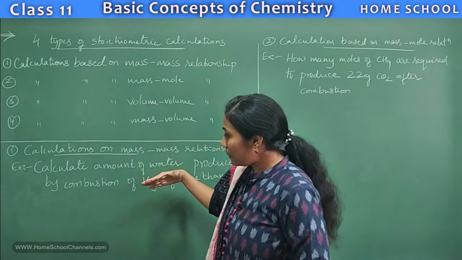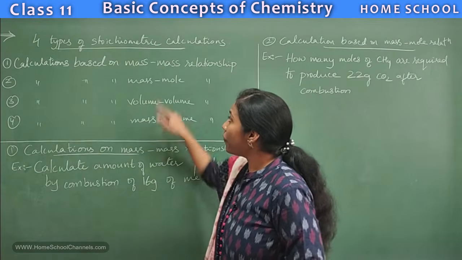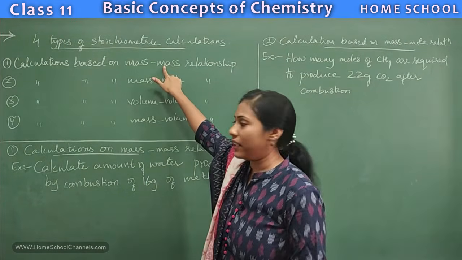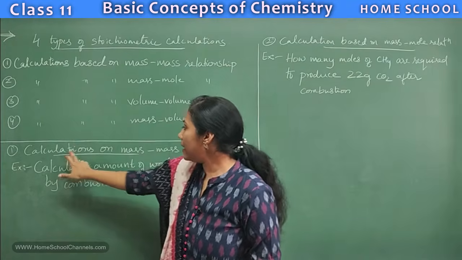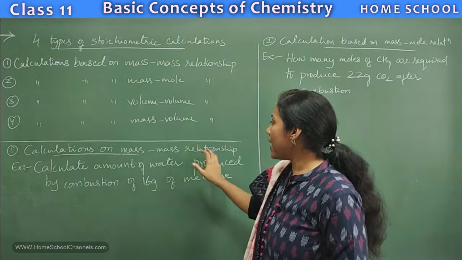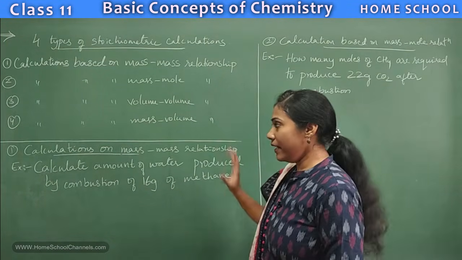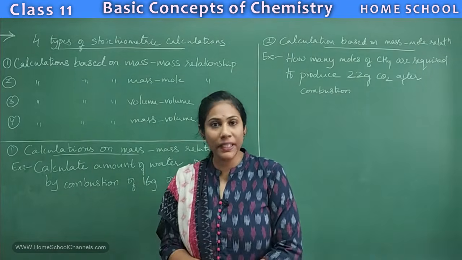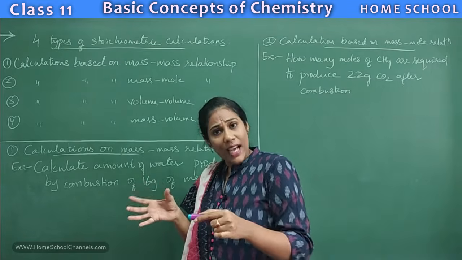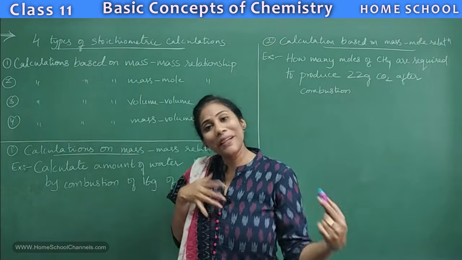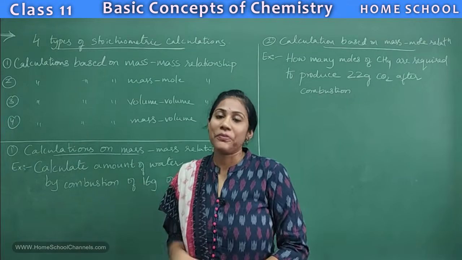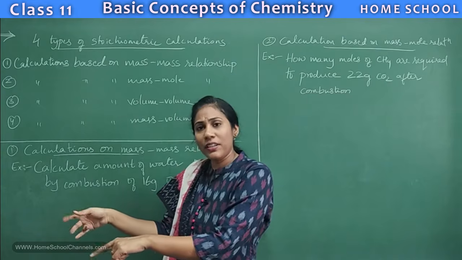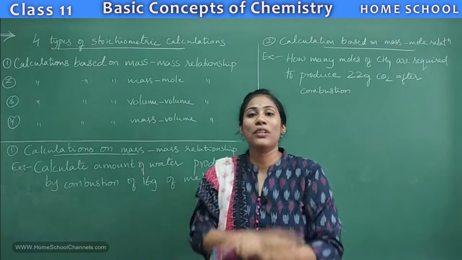You will understand this once you see the example. Now let me give an example for the first type of calculation. See here, calculations on mass-mass relationship. Say here, mass of a reactant or product will be given in a question and they will ask you mass of some other reactant or product only. Mass they will give you in a question and they'll ask you mass only.